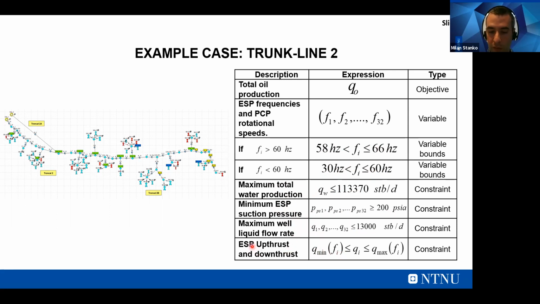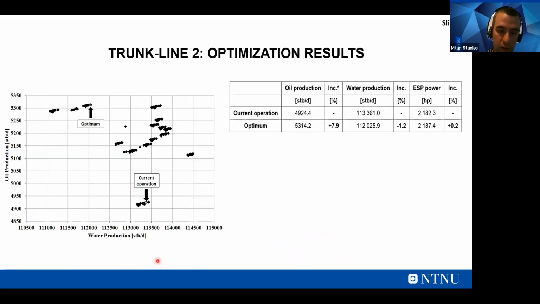And then the limits on the up thrust and down thrust, the minimum and maximum rate. You see what they were running initially, in this combination of water and oil. But after we ran the optimization for a few iterations, we already found a better point, with an increase in oil and a reduction in water.